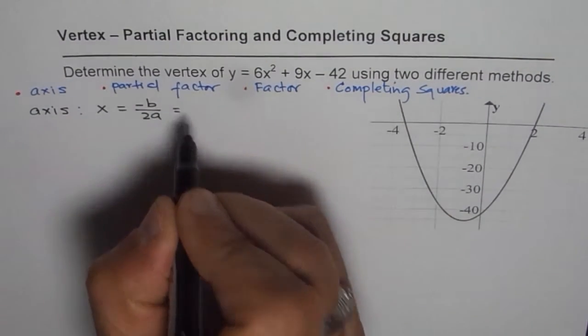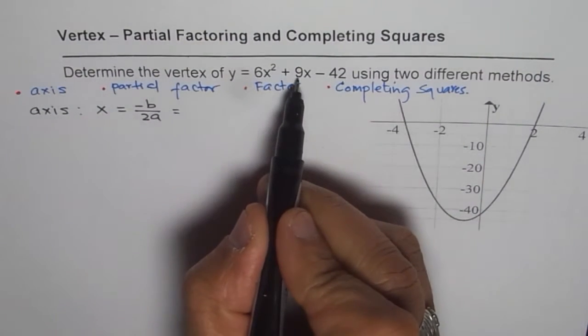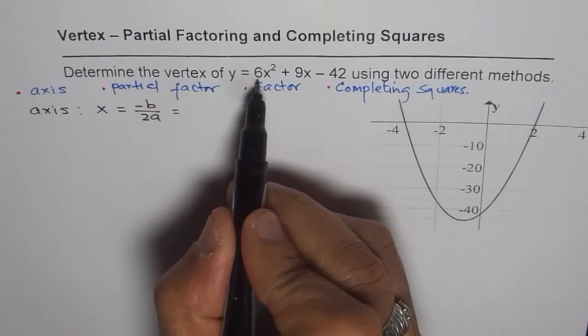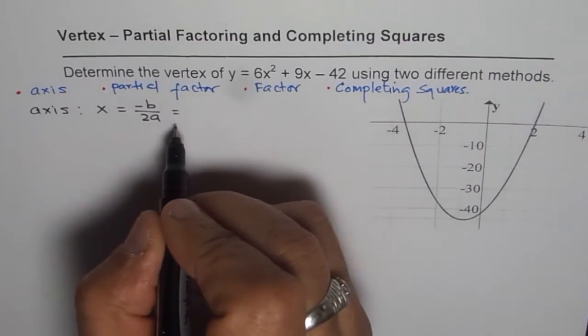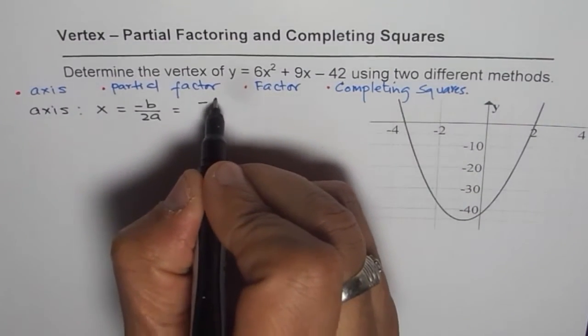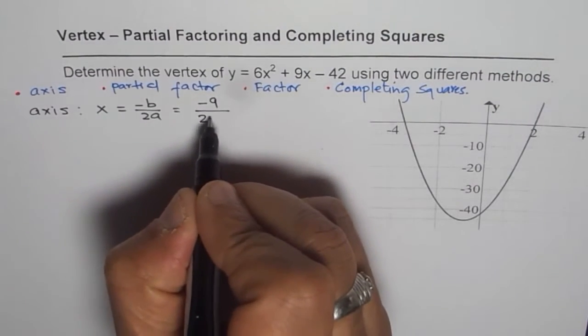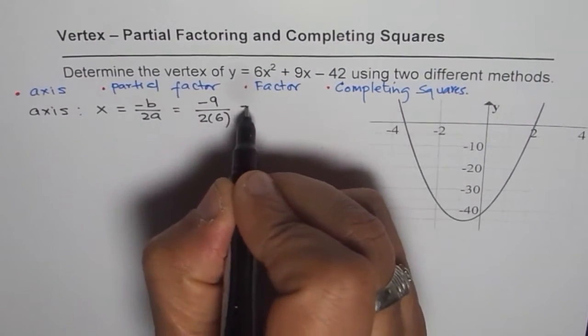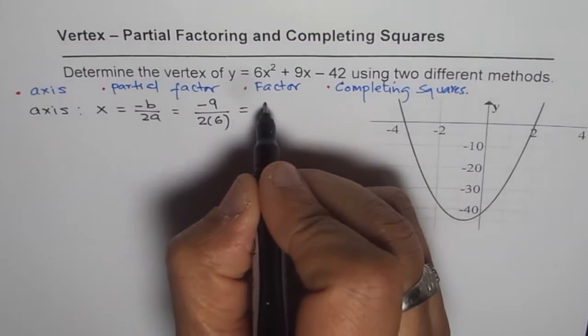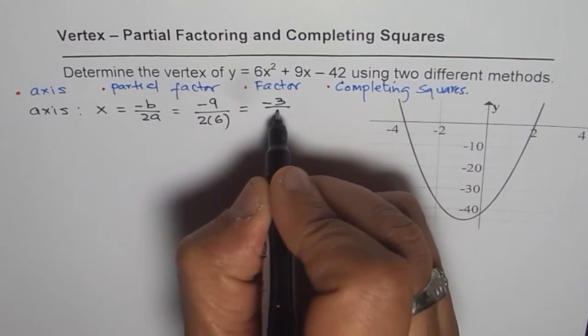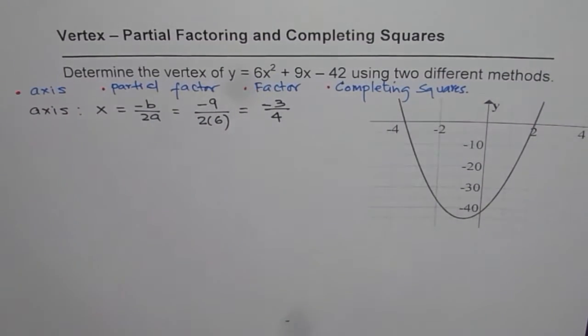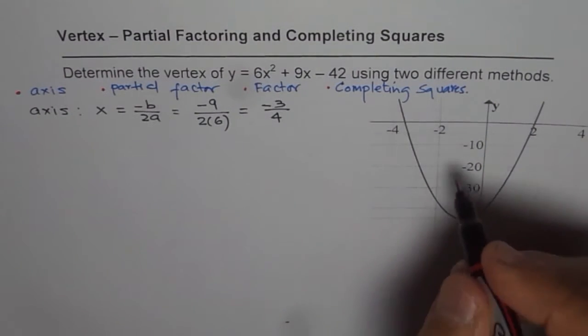Now in our case, b is 9 and a is 6. So the axis of symmetry should be at minus 9 divided by 2 times 6, which we can simplify and write as minus 3 over 4. The axis is the line which gives you symmetry of the parabola.